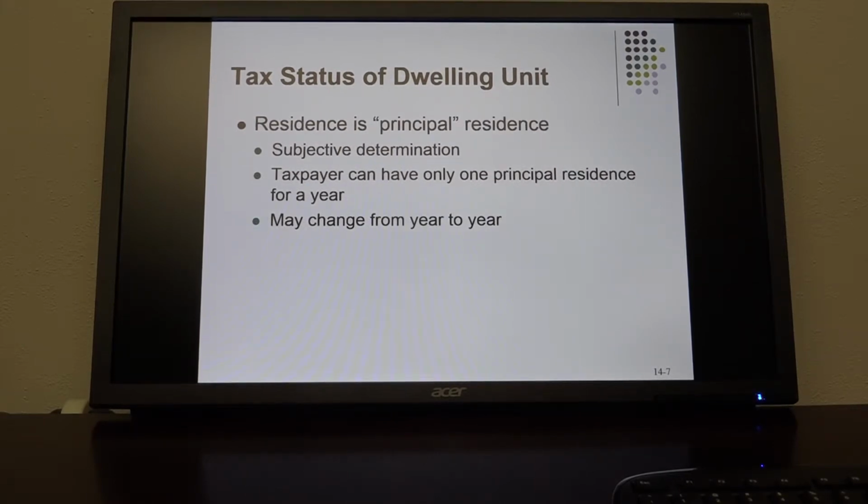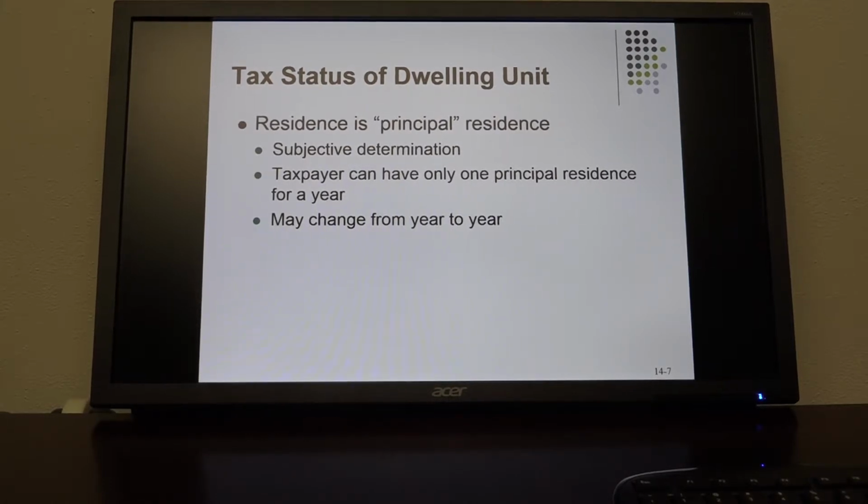Now, once you've determined that you have a dwelling unit owned by the taxpayer and that the dwelling unit is a residence, then you have to determine whether or not the residence is the taxpayer's principal residence or just a residence, not the principal residence.